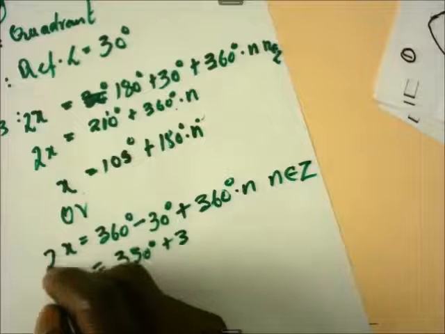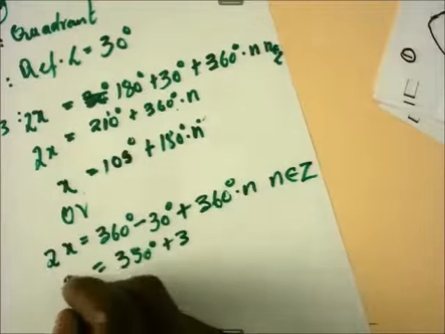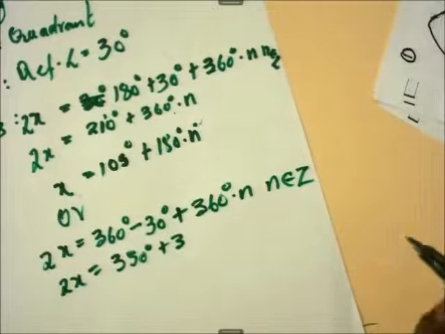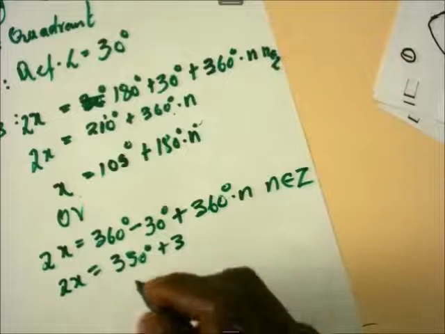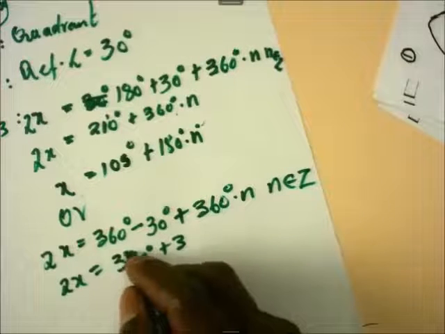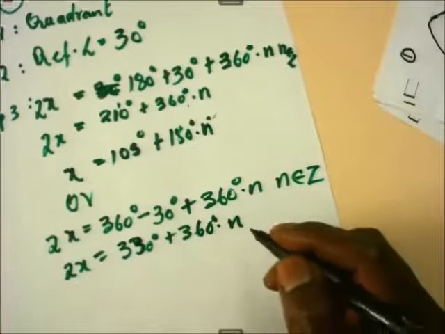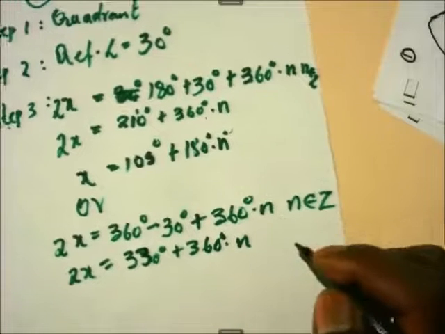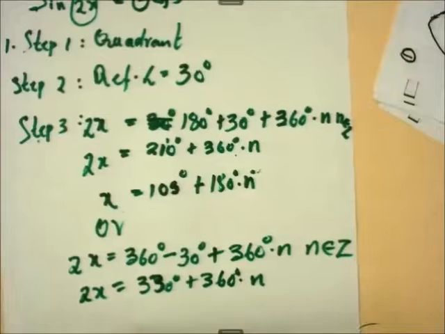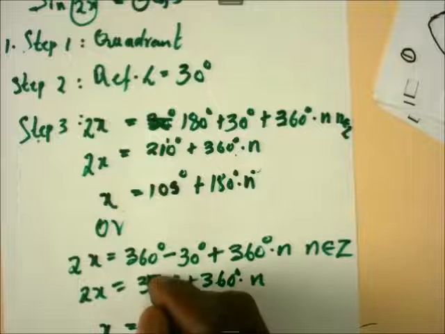Remember, we have 2x there. I nearly made a mistake, forgetting about the 2. And then we've got 2x equals 330 plus 360 degrees times n. It is not yet the solution. We want the solution x. To find x, we must divide throughout by 2. 2 into 3 will go once. It will make 2.